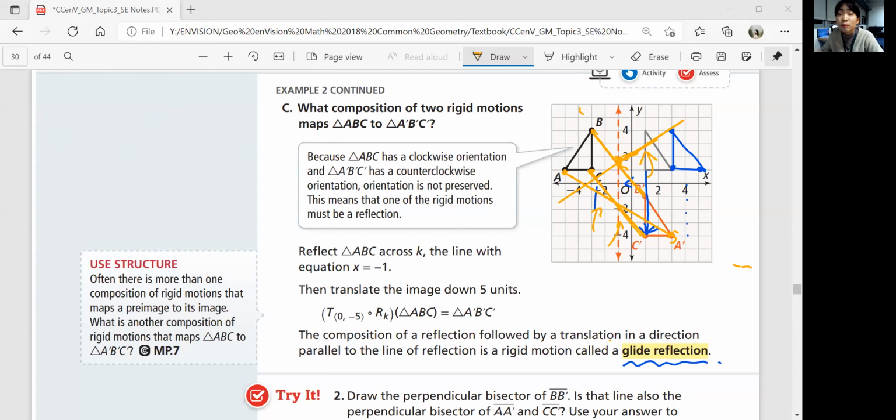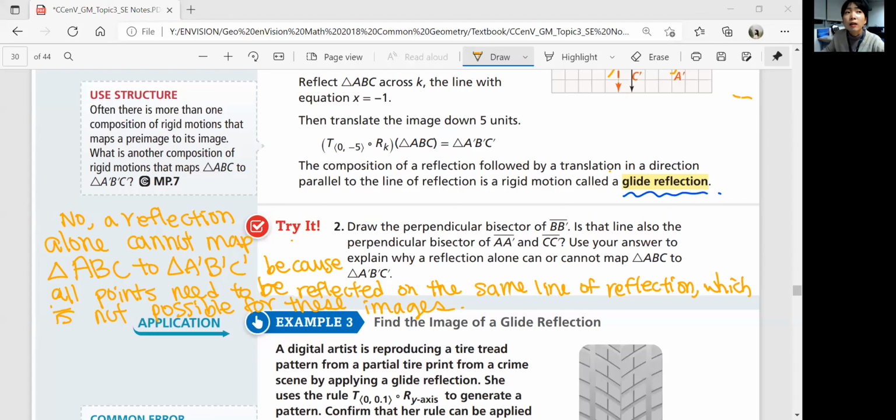So using that information, we just proved that no, that's not going to help using only one reflection. Let's record that. Okay, you can say no, a reflection alone cannot map triangle ABC to triangle A prime B prime C prime because all points need to be reflected on the same line of reflection, which is impossible for these images.